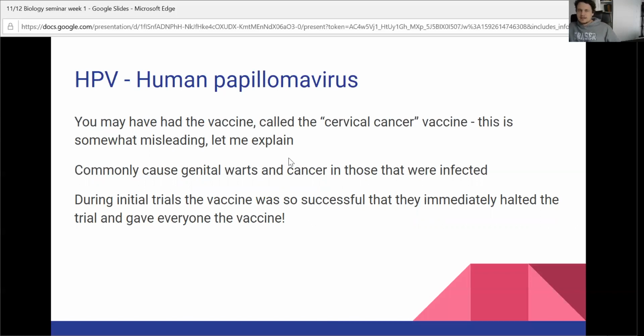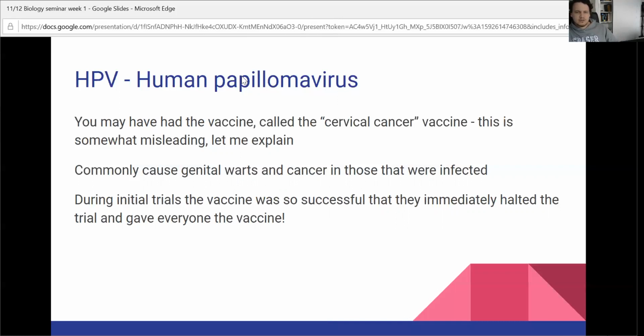And they recently changed the name from cervical cancer vaccine back to HPV vaccine, I think, because it was a little bit misleading. People were like, well, I can't get cervical cancer if I get this vaccine, which just wasn't true. But almost in the high 90% of cases are caused by this virus.